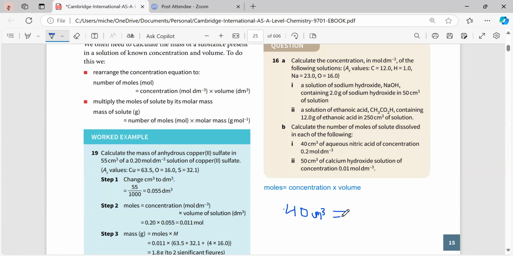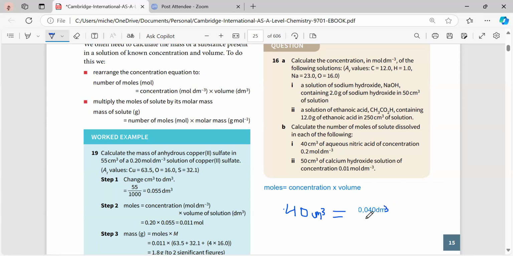Now we're going to convert that. We're just going to write this down to make it more readable. So that would be 0.040 dm³. So don't forget to add the cube right here. It's the unit of volume.